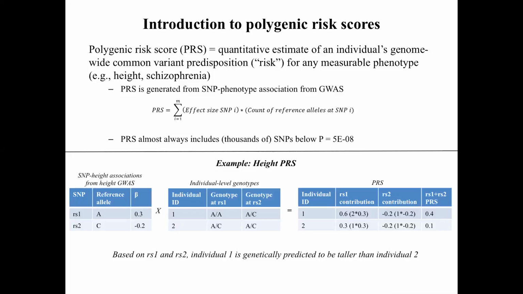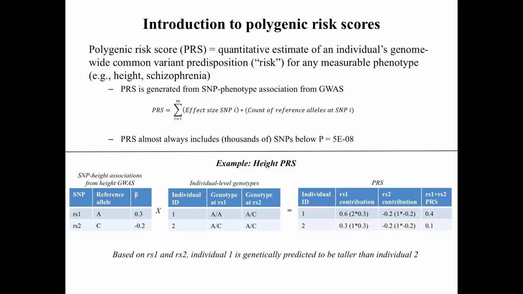So this is the cohort that we're interested in scoring. Maybe individual 1 at that SNP is homozygous for the reference allele AA. So then the contribution to the polygenic risk score from that SNP for that individual would just be 2 times the effect size of that SNP, so 2 times 0.3.